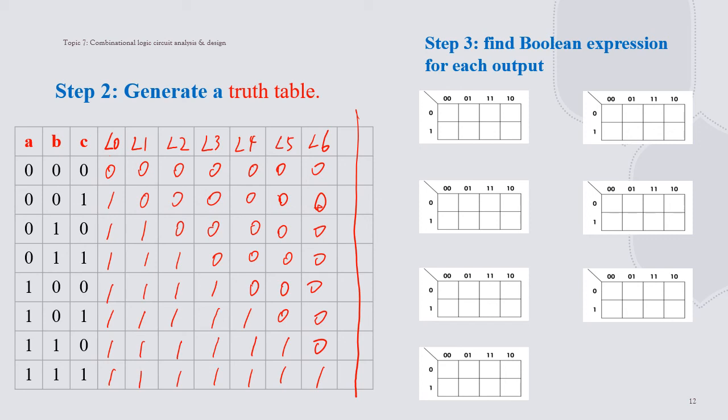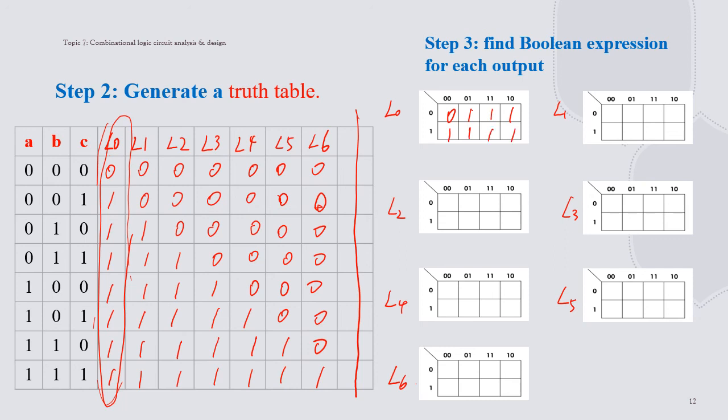Now since we have 7 outputs, we need 7 Karnaugh maps. So let's translate them first. So L0 for this column, we have 0, 1, 1, 1, 1, 1, 1. For L1, we have 0, 0, 1, 1, 1, 1.